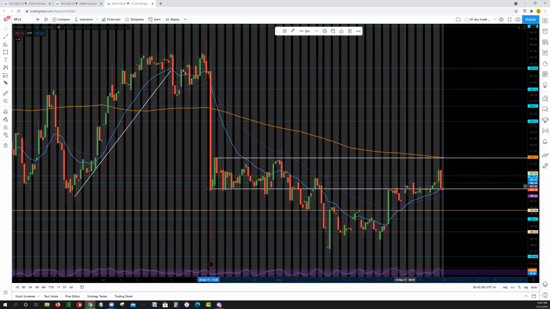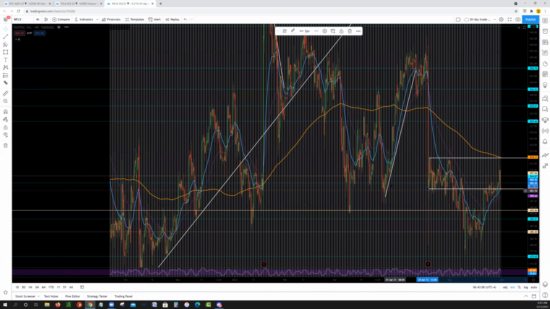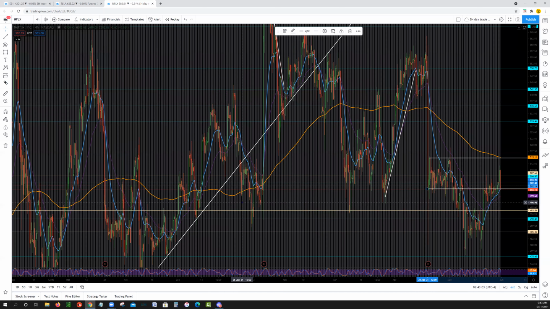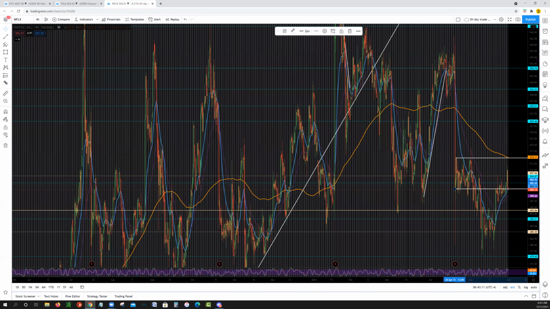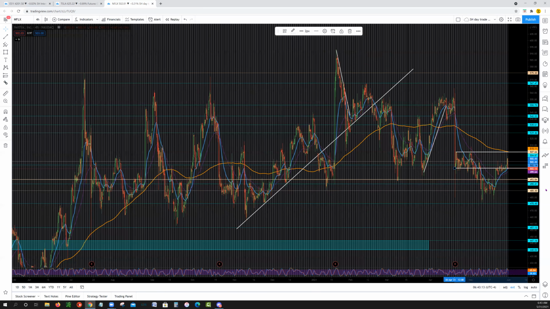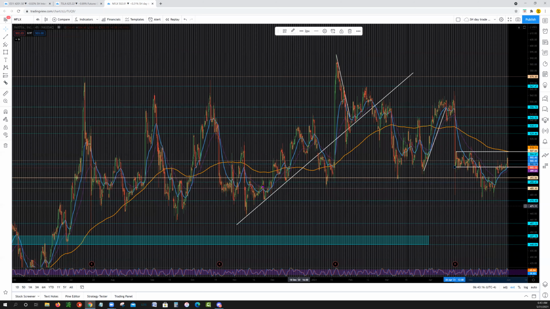What we've mentioned historically with Netflix, and I know the chart looks a little bit scrunched up here, but I just want to show you the longer view of what we've seen. You don't have to worry about the specific numbers, but you do have to watch the levels. I think it's really important. Above the 550s historically, right?